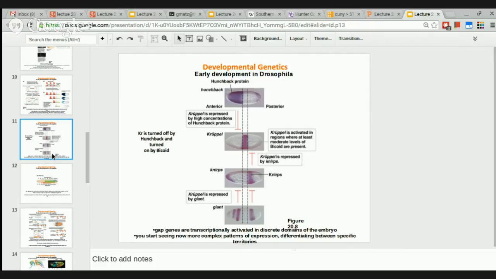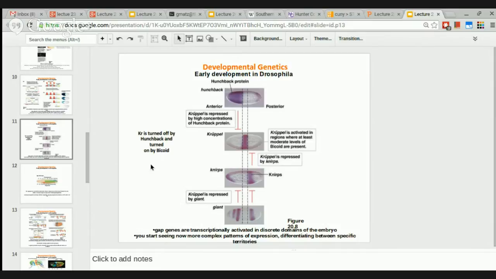But how do you get an expression pattern straight in the middle here? It's difficult to explain. And this is an example of a gap gene called Kruppel. And here's the bottom line. Kruppel is turned off translationally by Hunchback, and Kruppel is turned on transcriptionally by Bicoid.